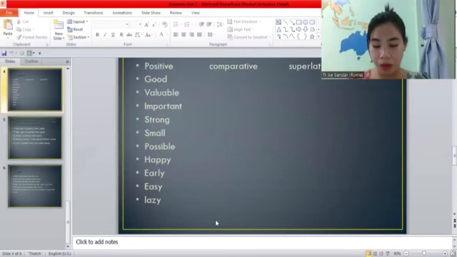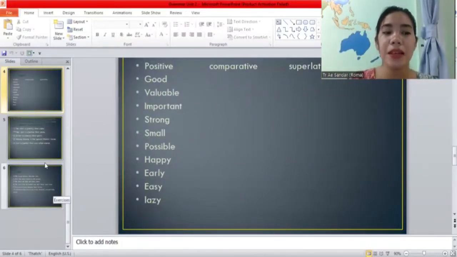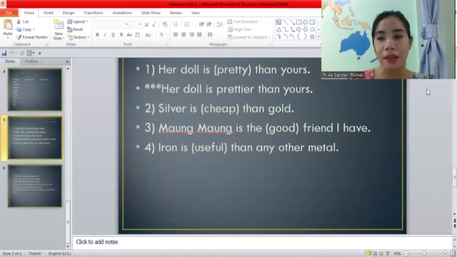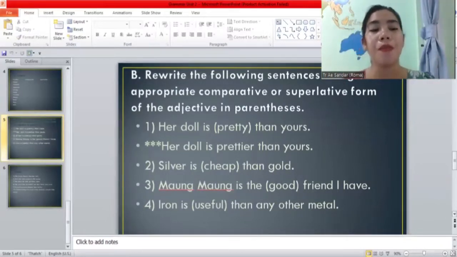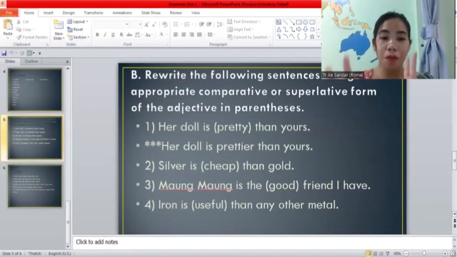Another exercise concerned with adjectives is here: you have to rewrite the following sentences using the appropriate comparative or superlative form of the adjective in parentheses. Comparative is for comparing two things, and superlative is for comparing many objects.